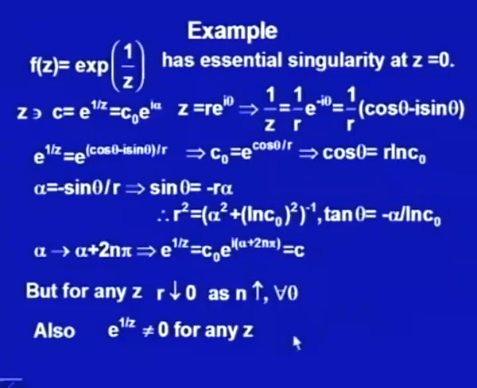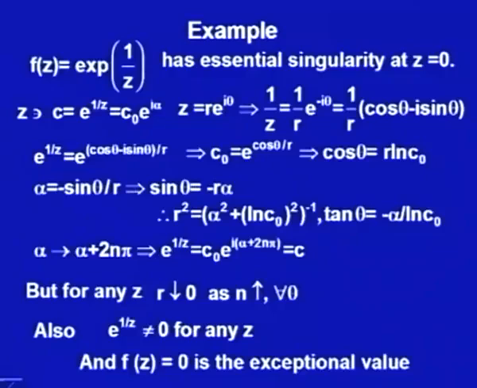Moreover, we do know e to the power 1 by z cannot be 0 for any z. So, in Picard's theorem, 0 is the exceptional value here. Rather, it is not the point, it is the exceptional value, because f of z equal to 0 cannot be taken for any z.